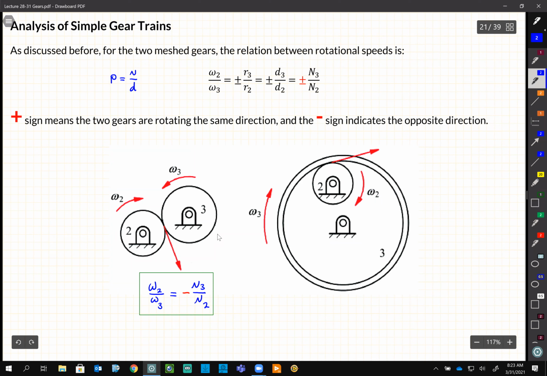So for an internal gear, the same concept, the same formula: omega 2 over omega 3 is N3 over N2, but this time it is positive because the direction is not going to change. Okay, as simple as that. So we will use the sign: whenever you see a negative sign, it means changing direction, and positive means same direction.